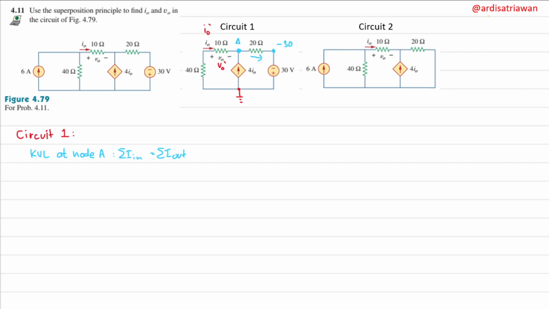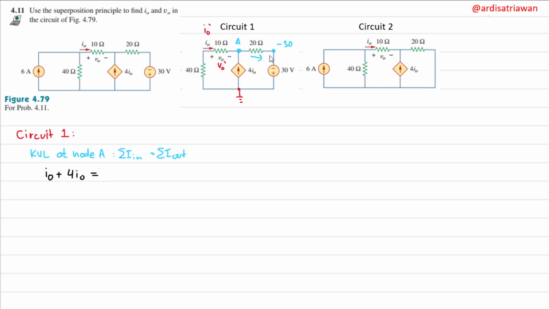Okay, now let's check the current that goes in. There are two currents that go in. This one is I0, and from this one it is 4I0. So I will write I0 plus 4I0, and that will equal the current that goes out.